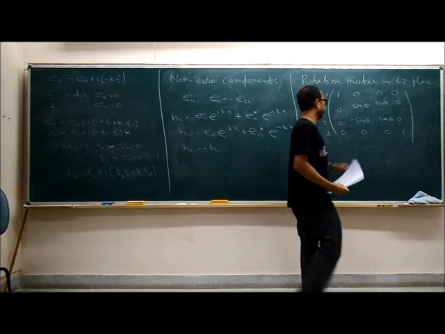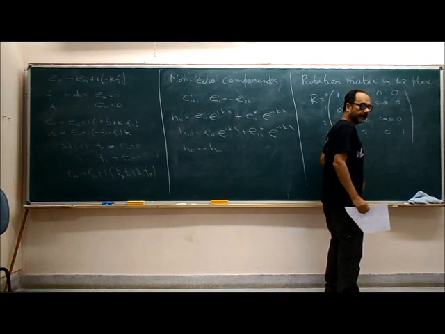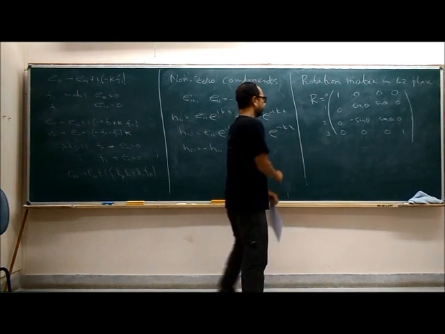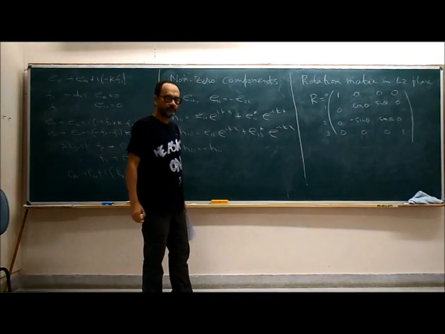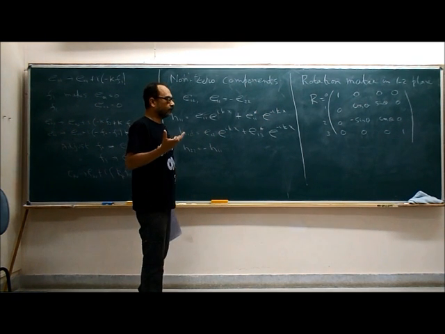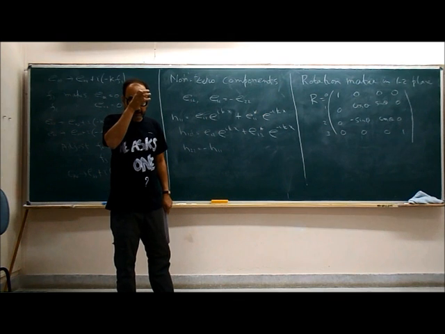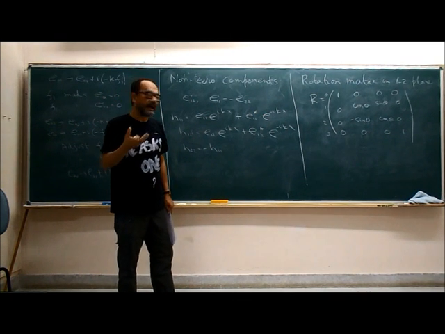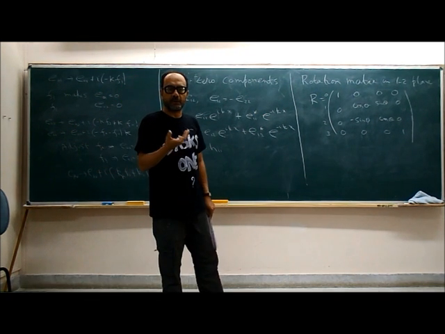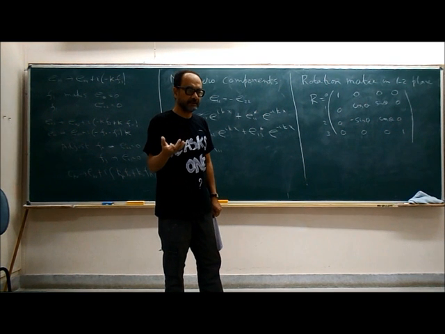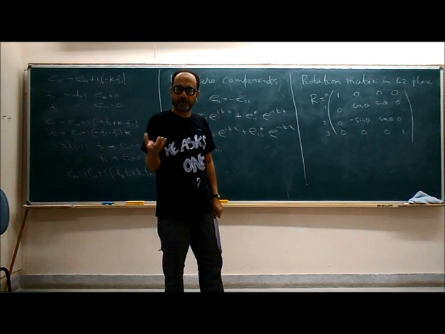Okay, so we rotate in the 1, 2 plane. Now rotation of course is a special case of general coordinate transformation. But it has a feature that under this particular general coordinate transformation, eta mu nu doesn't change. That's what is special about the Lorentz group.